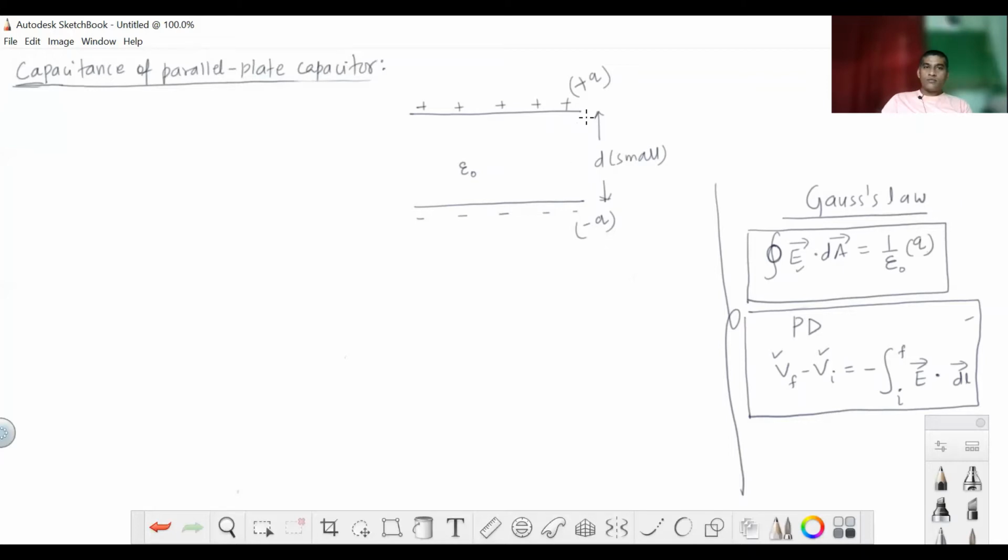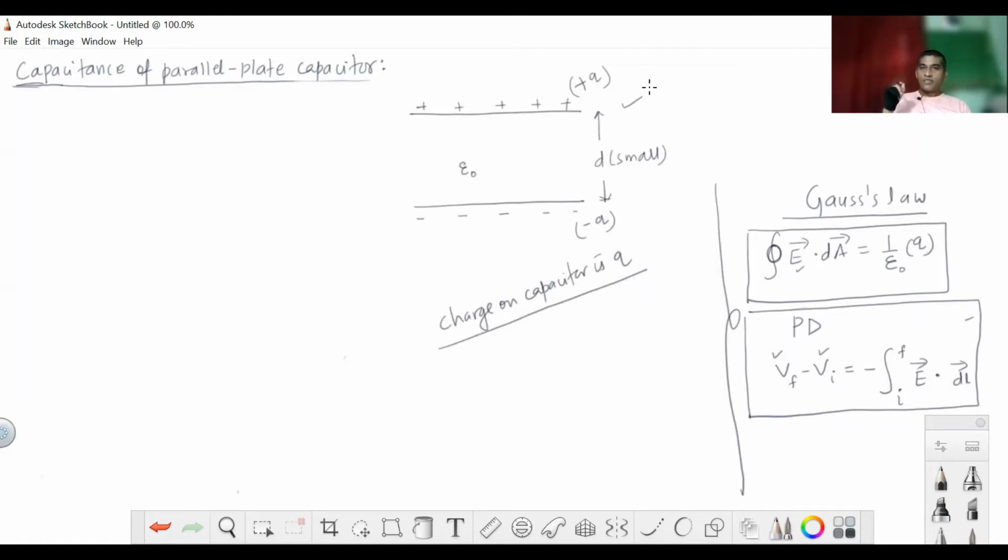Sometimes we say the charge on capacitor is Q. What does it indicate? The charge on capacitor is the charge on the positively charged plate. We need to note this, okay?